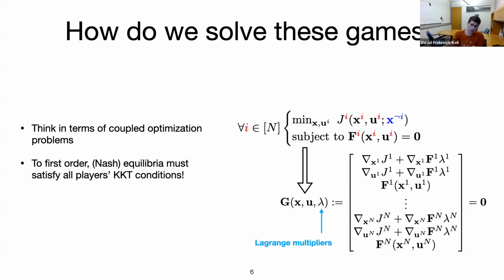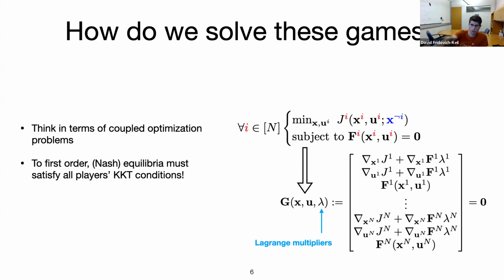And so there should be some function g of all the variables x, u, lambda such that a bunch of stuff is 0. For folks that have taken the optimization courses, all I've done is take each player's Lagrangian and take its derivative with respect to that player's variables. I can't see my mouse, so I guess you can't either.